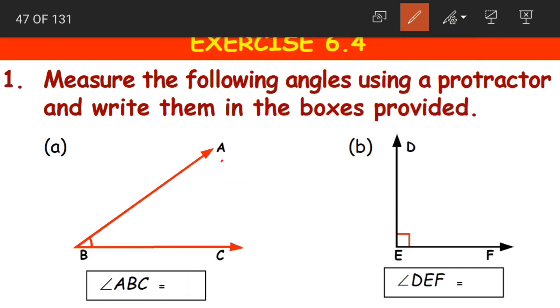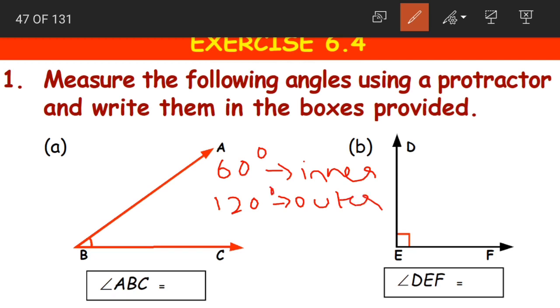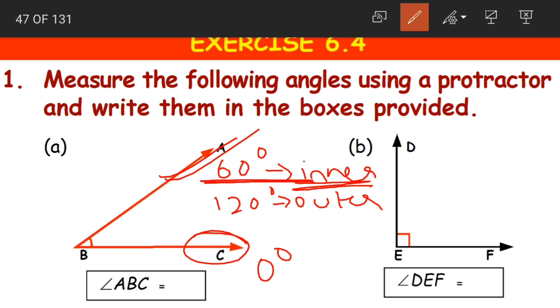Suppose it is pointing at 60 degrees on the inner scale and 120 degrees on the outer scale. Which one will you choose? You have to choose 60 degrees. Why? Because here our base arm is pointing to 0 degrees on the inner scale, so you have to consider the readings on the inner scale.